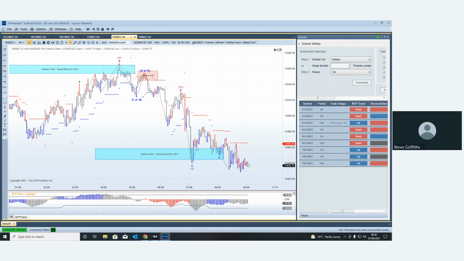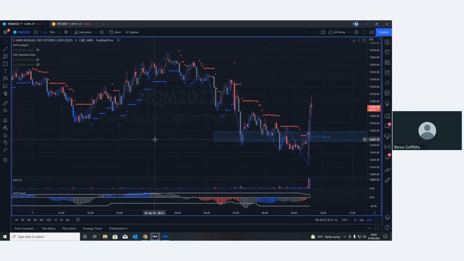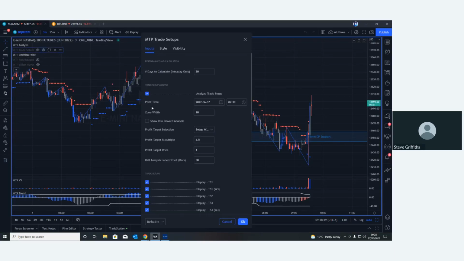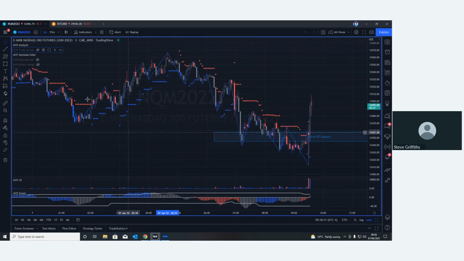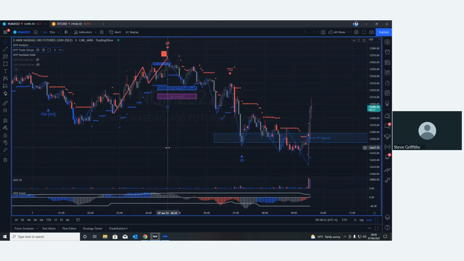So hopefully you enjoyed going through all the different things that we can do with our MT Predictor tool set, and also having a look at our new scripts with TradingView and seeing these in action as well. I'm just going to unhide the trade scripts there.